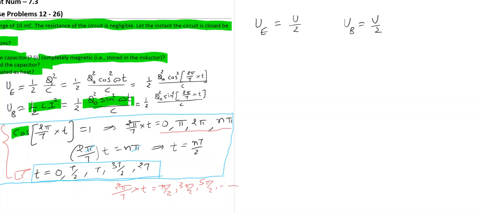We want equal distribution. So we know that total energy is q0 square by 2c, and energy in the capacitor is q0 square cos square omega t by 2c.